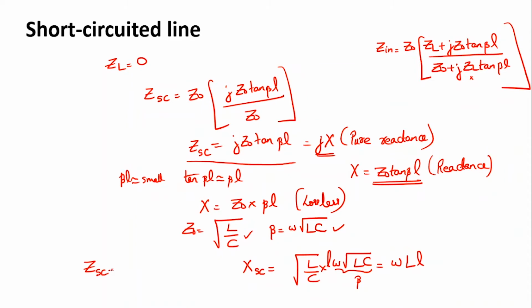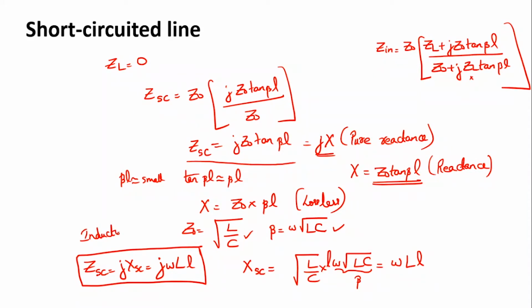ZSC can be written as j into XSC. This will be equal to jωL into l. So here this is acting as an inductor. This short circuited line is acting as an inductor with inductance value L into l. We know that L is the inductance value per unit length.